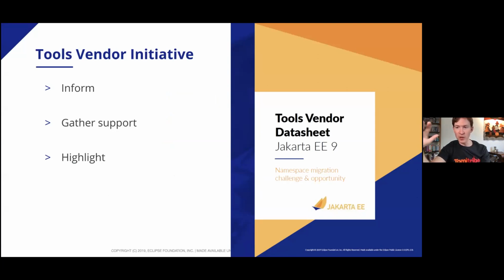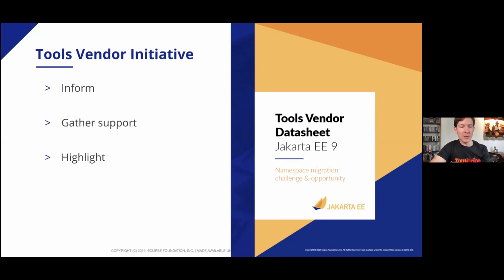Your product will stop working the second customers start adopting this new namespace. You won't be able to monitor that stuff. You won't be able to do all your hooks unless you take action. You're going to slowly lose the ability to support future versions of Tomcat, Jetty, all these things. So inform them. We want to gather support.